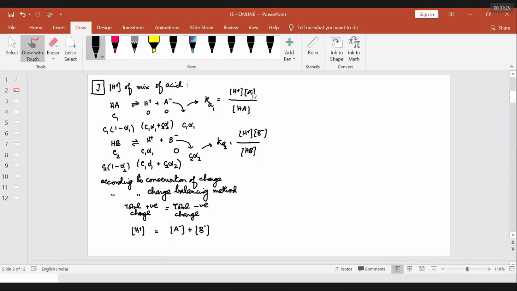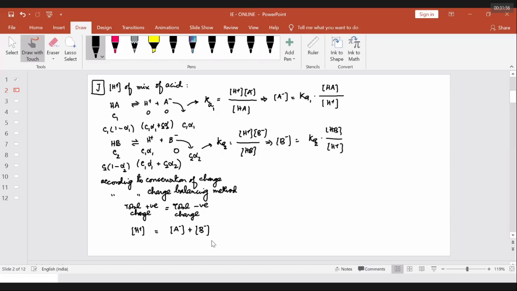If you say so, here this implies concentration of A minus is equal to Ka1 into concentration of unionized HA by concentration of H plus. Similarly, concentration of B minus is equal to Ka2 into concentration of HB by concentration of H plus.